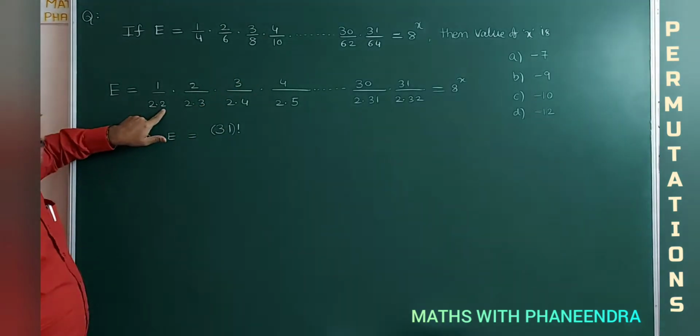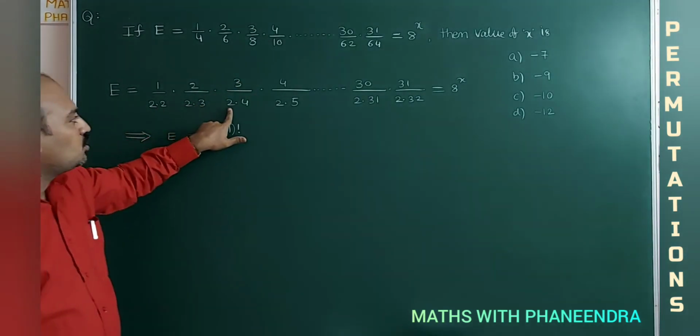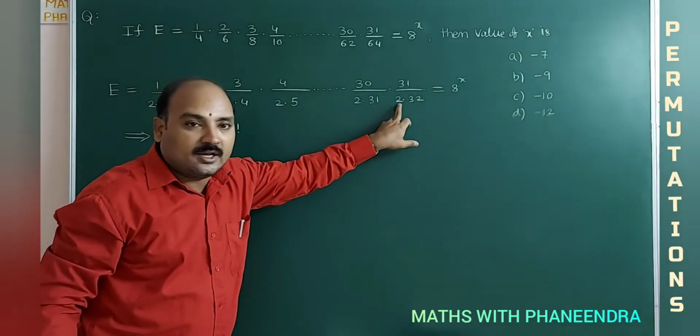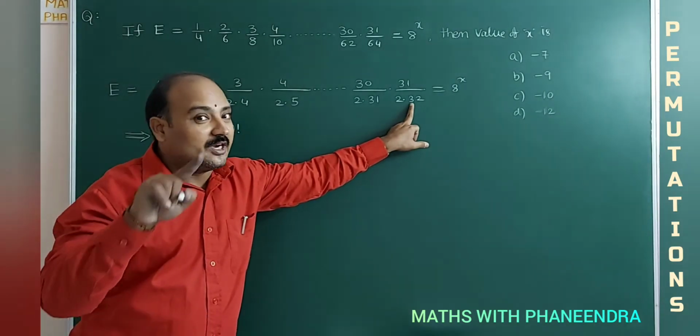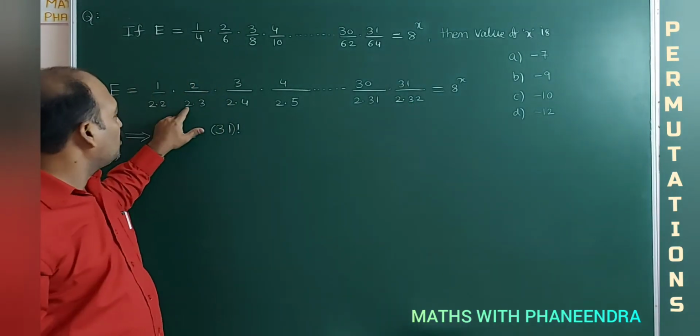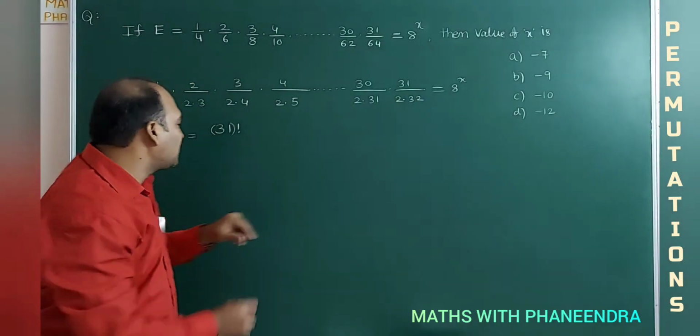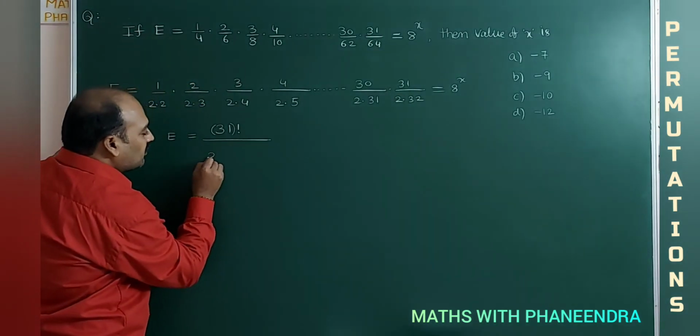Here, starting with 2, 2 × 2 × 2 and so on, from 2 to 32 there are 31 terms only. So 2 × 2 × 2 and so on for 31 terms will be 2 power 31.